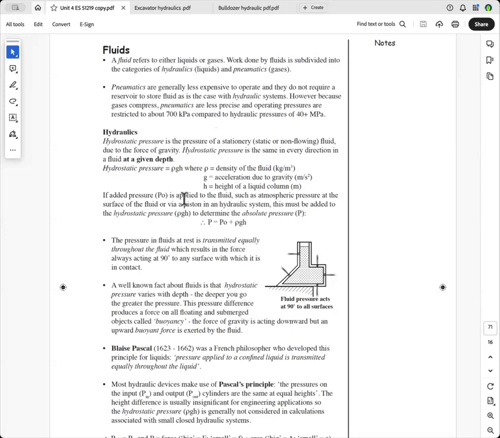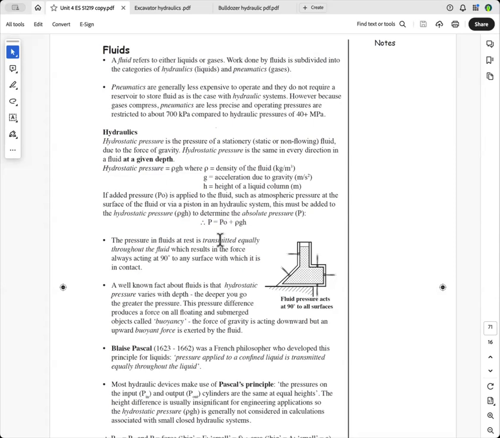If you want to add the pressure applied to the closed system, like it might be a hydraulic cylinder, a piston in a cylinder, or it could just be the atmospheric pressure on the surface, you've got to add the added pressure there, which is P0.